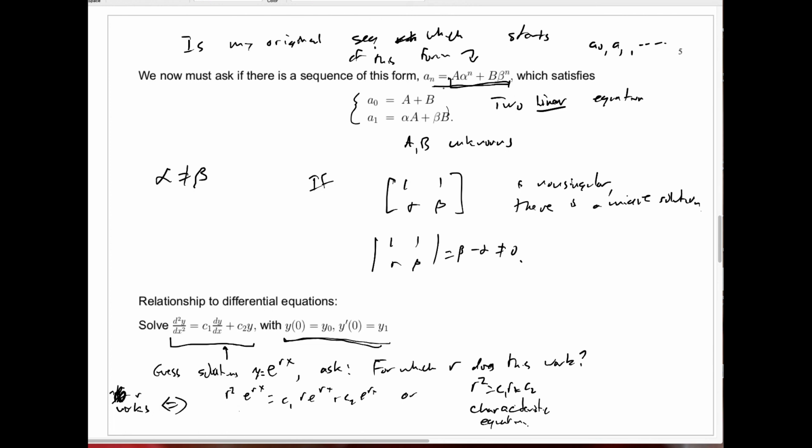And all the same things will be true. It's not a coincidence that solving a differential equation of this form is very similar to solving a recurrence relation of this form. The recurrence relation, in some very important sense, is a discretized version of this differential equation. So the similarities are far from coincidental.